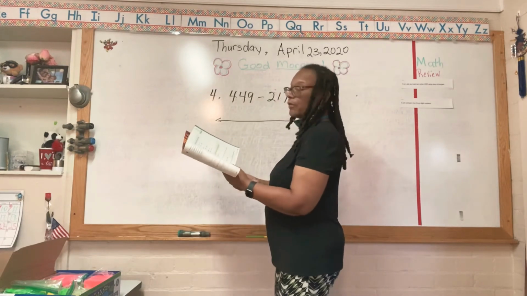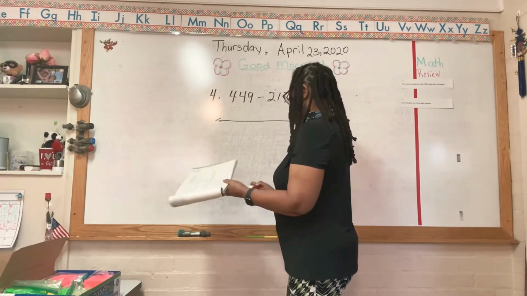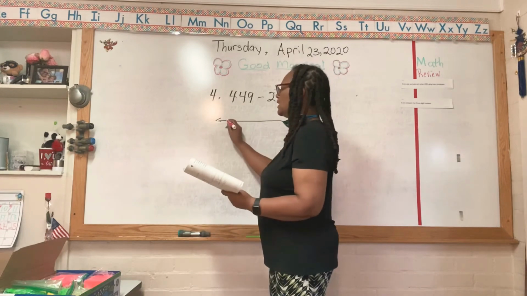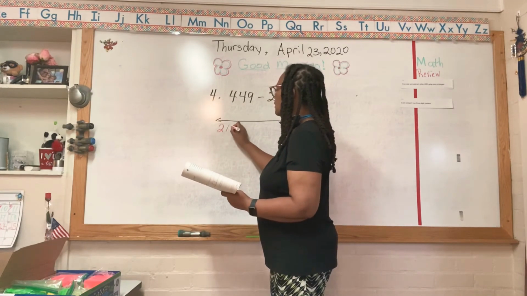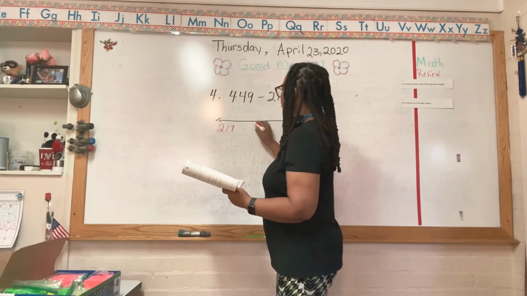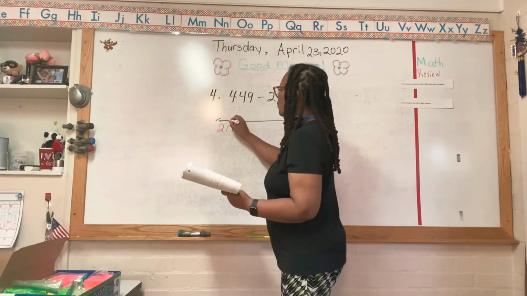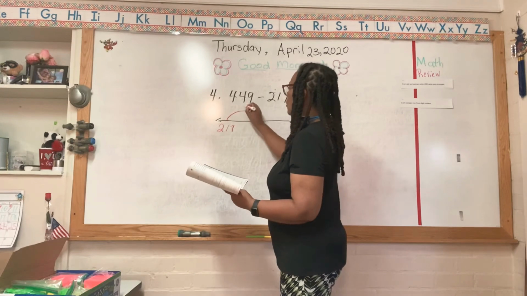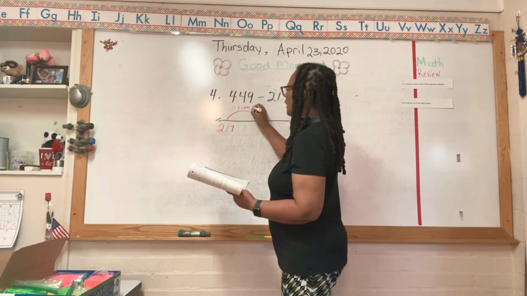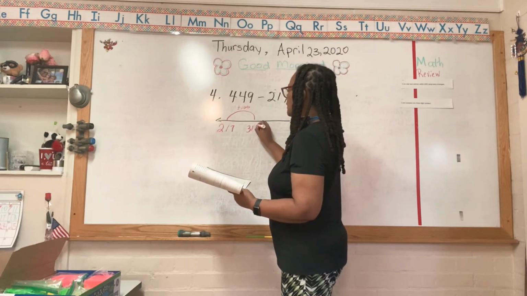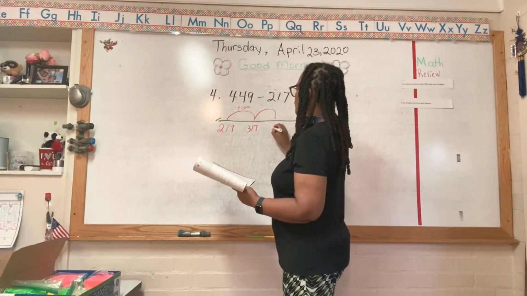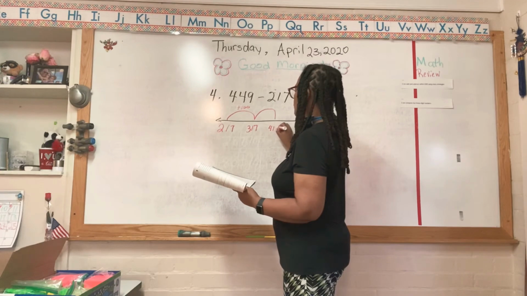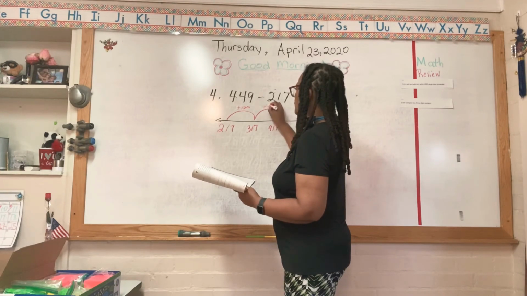And if we start with the smallest number, 217, when we start with the smallest number, we start at this side. 217, and we're going to add up 100, which would be 317. And we haven't gotten 400 yet. So now we're at 417 because we just added.